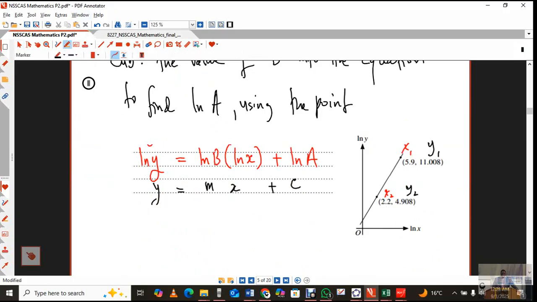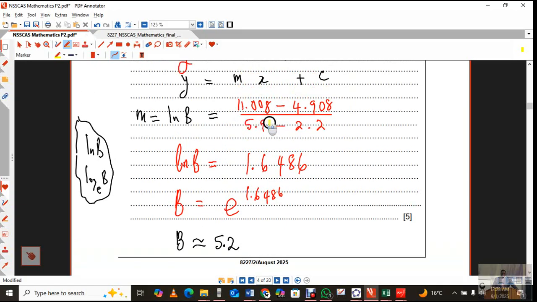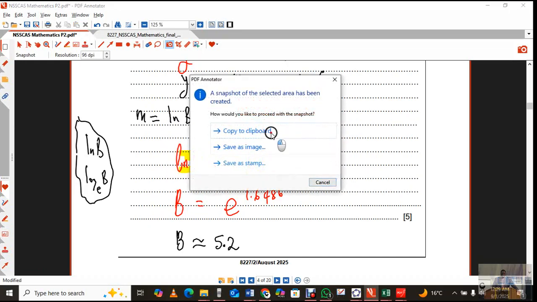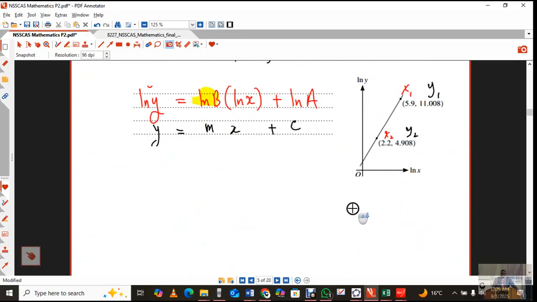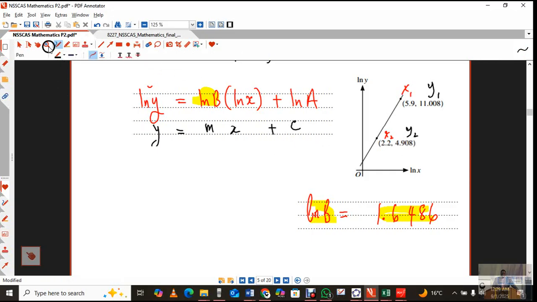I'm going to replace this whole value here with the 1.648, because that's the natural log of b. Let me take a snapshot of that and bring it over onto the next place where I'm working. Then obviously I'm going to use a point, and it doesn't really matter which one.